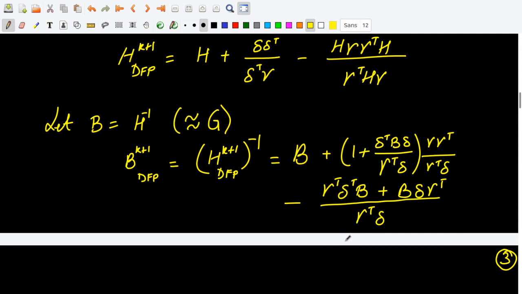So this looks far more complicated than the update formula for Hk plus 1. Here B is the previous value of B in the previous iteration. So all subscripts have a k, which we have omitted for simplicity. So one can verify that this is also a rank 2 update, and not too difficult to compute.